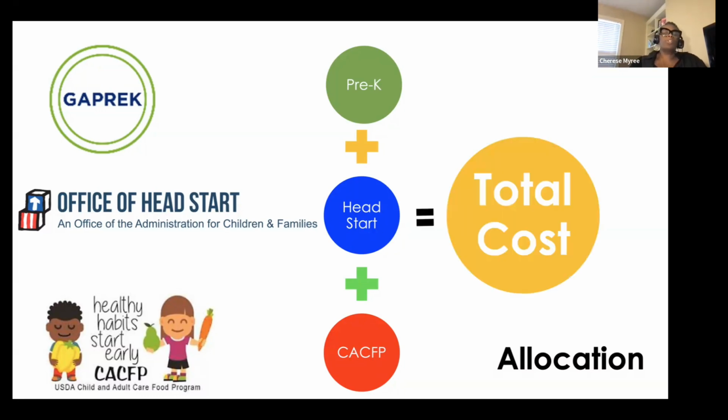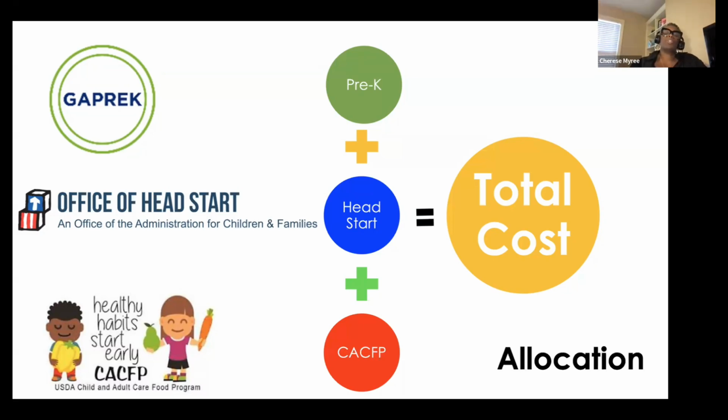If we had three different funding sources that covered the same type of expense, that would equal your total cost. Using rent as our example, Georgia Pre-K, a portion of rent could be allowable for that. Head Start might cover rent, and CACFP may also cover rental costs. But altogether, that would equal your total rent cost.